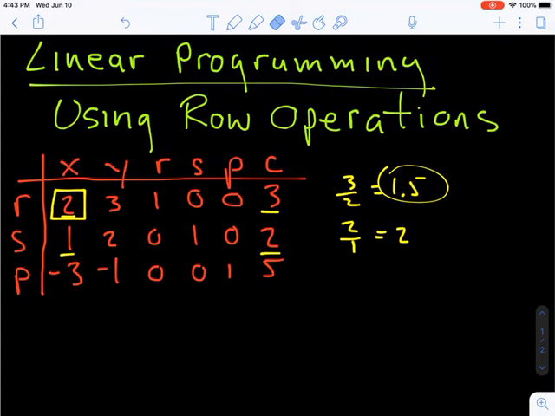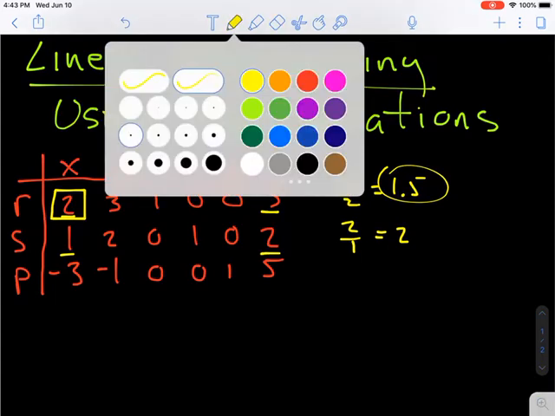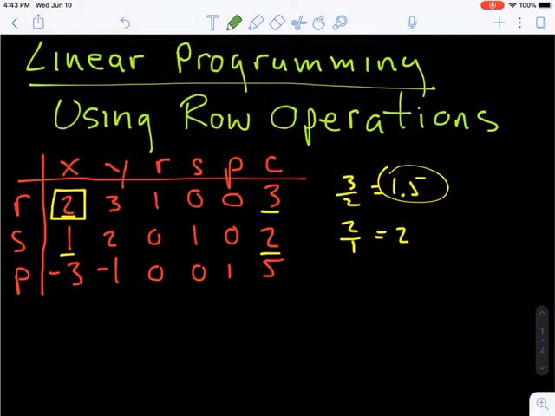Once we determined what the pivot is, let's try green. We now want to clear that column. And so we learned in linear algebra that means that we need to get zeros in that column. Now, the one difference between what we're doing now and what we did in linear algebra is the first thing that we would have done in linear algebra if we were doing Gauss-Jordan elimination is we would have changed our pivot 2 into a 1.